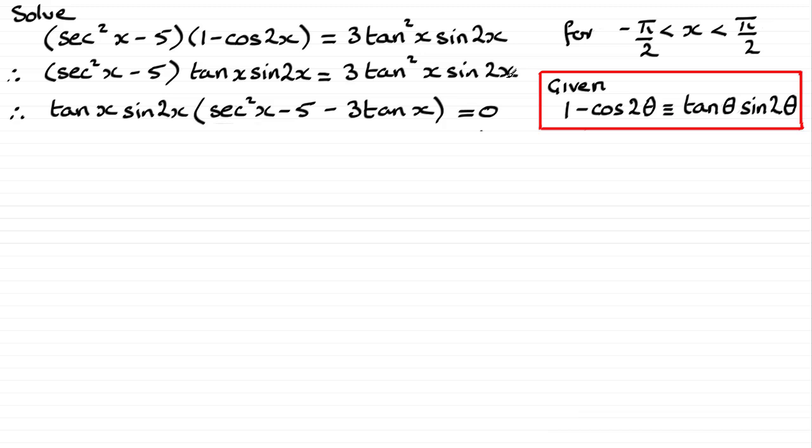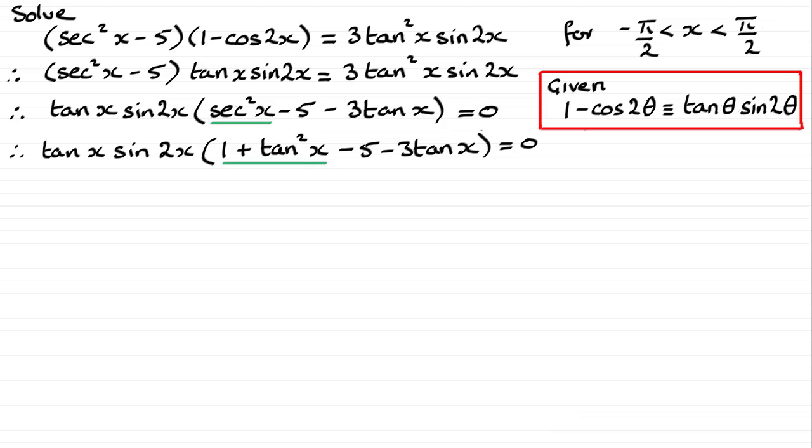All right. Now I can see that sec squared x, I can pick this up as 1 plus tan squared x, a basic identity you should be familiar with. And this would allow this bracket here to form a quadratic in tan x. So I've made that substitution there.